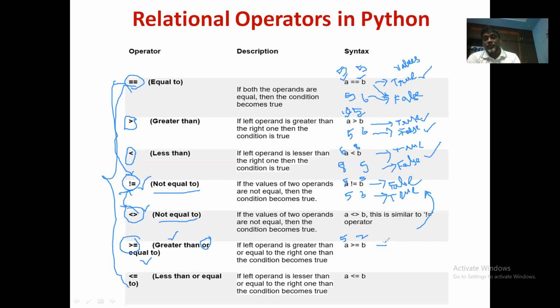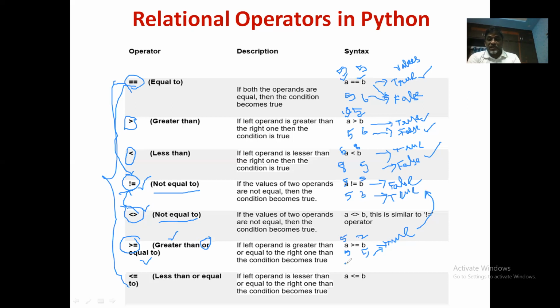Therefore, it returns true. In case A is 5 and B is 5, this case is also true. Why? Equality is satisfied. So either greater than or equal to. If any of them is satisfied, the result is going to be true.